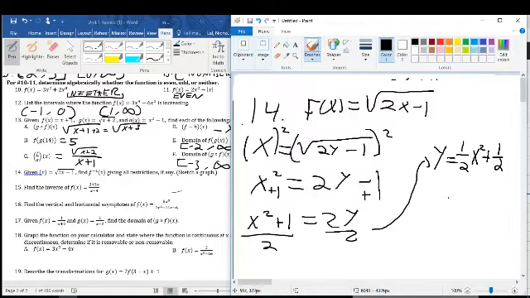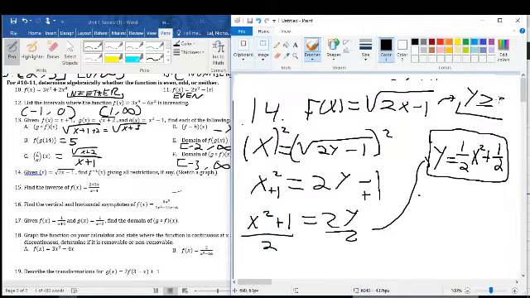And then given all restrictions, the main restriction for this is just that for originally f of x, the restriction is that y is greater than or equal to 0.